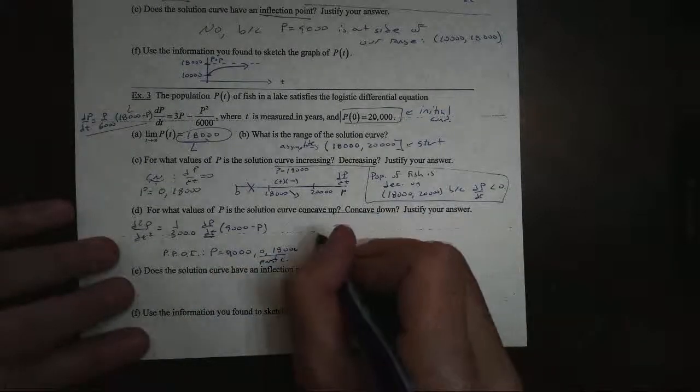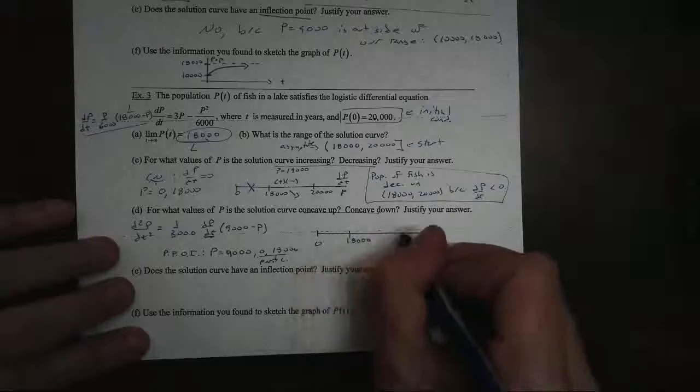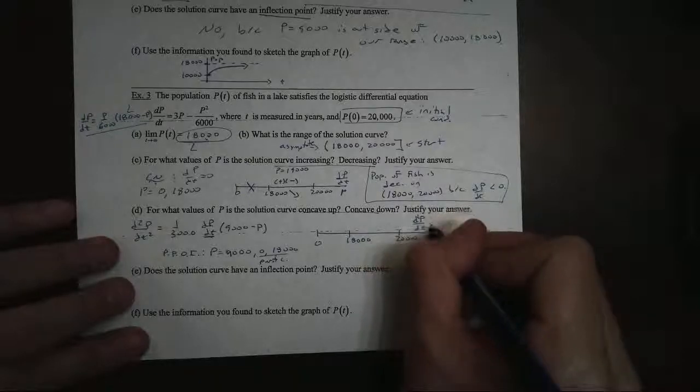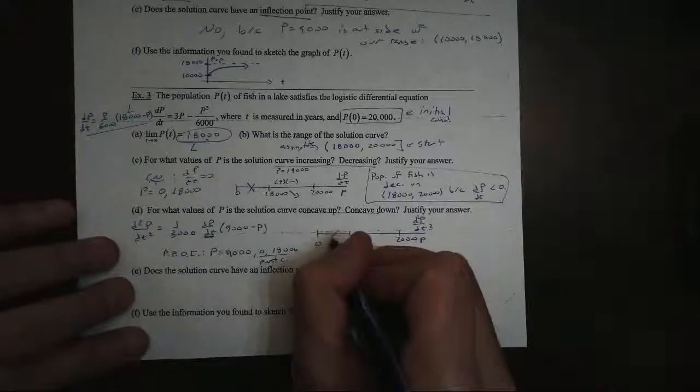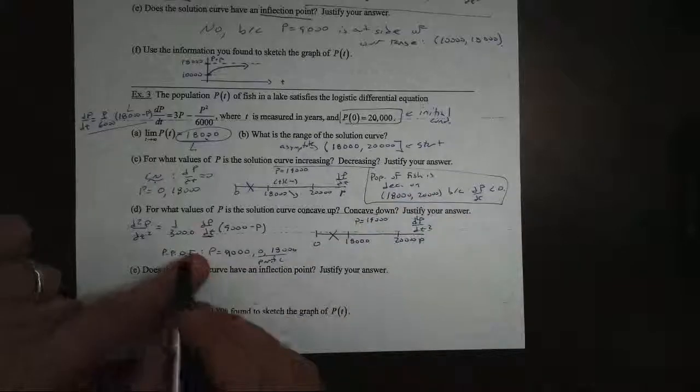So if I draw my concavity test here, 0, 18,000, and there's 20,000 fish under the sea, dP/dt, the second derivative, P, don't care, not there. I pick a number, 19,000 worked for us last time, and plug it in. Now be very careful.